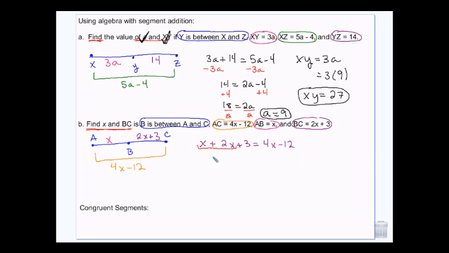X plus 2x is 3x. Subtract 3x from both sides. Add 12 to both sides. And I get x equals 15.